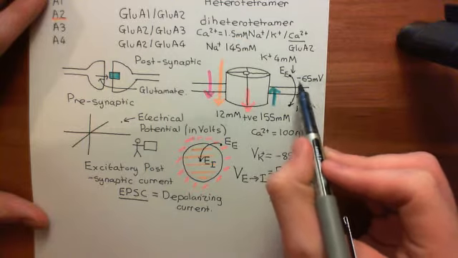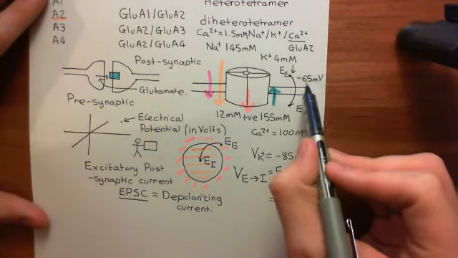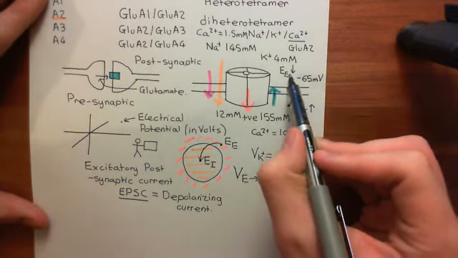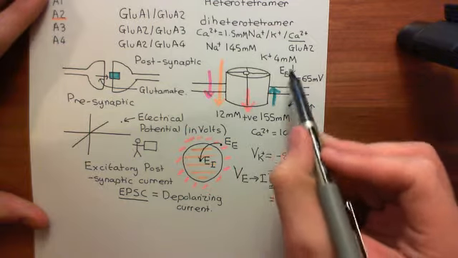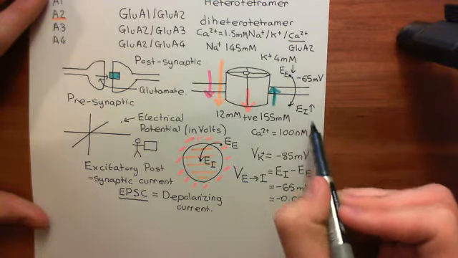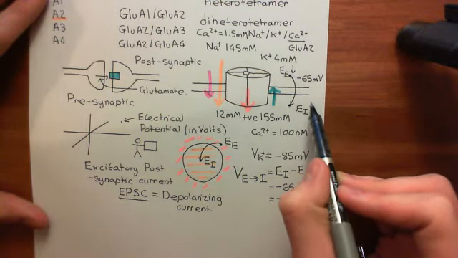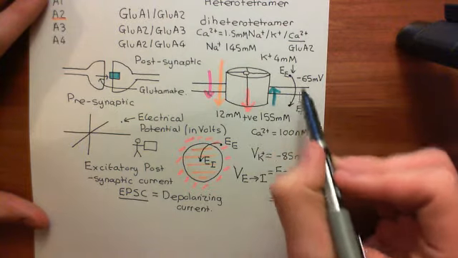All we know is that the step down was by 65 millivolts. However, now we're lowering the extracellular electrical potential and raising the intracellular electrical potential. So we're bringing this one down and this one up.